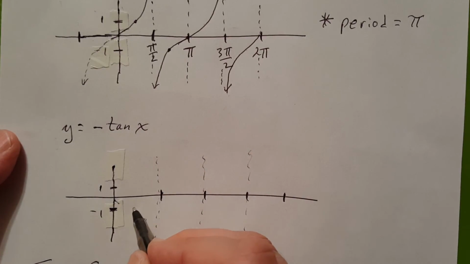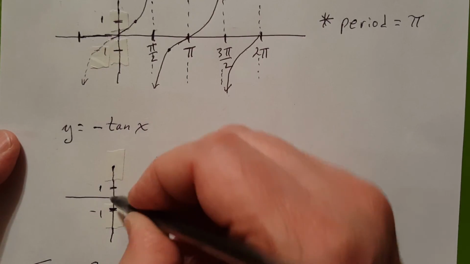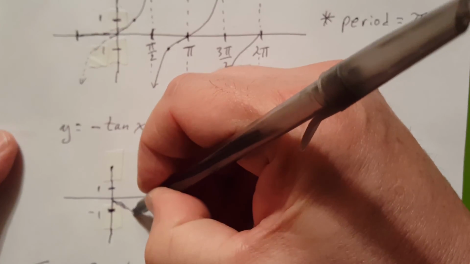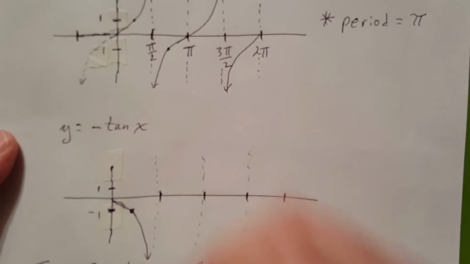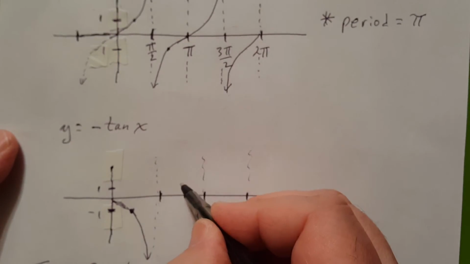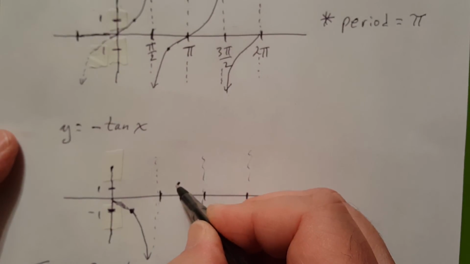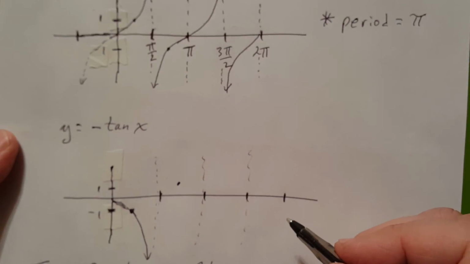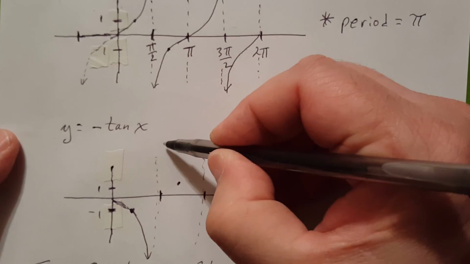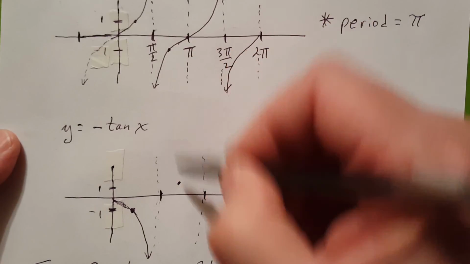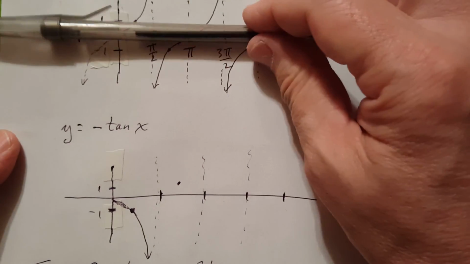And it's got to go through here, negative 1, so something like this. And then it's got to go through here, so something like this. If you're not sure where it's going, just make believe it's a mirror.